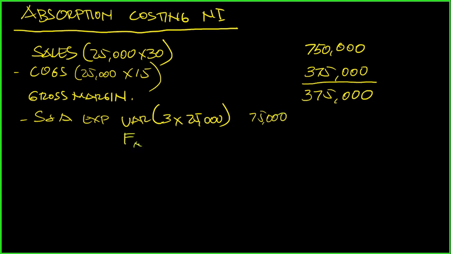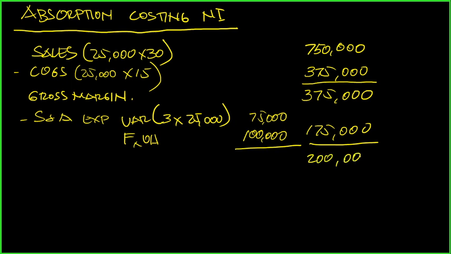And your fixed expense will be 100. So 75 plus 100, you now have 175,000. So 375 minus 175 is now 200,000. This is now your net income.